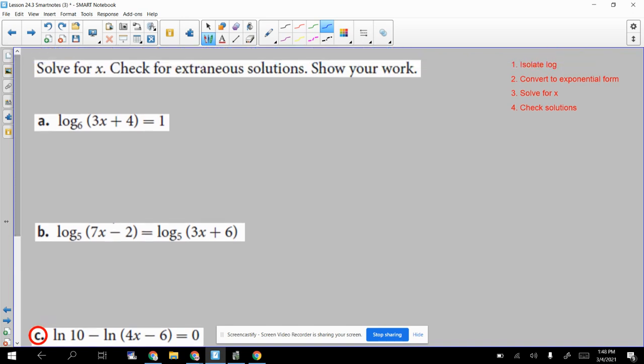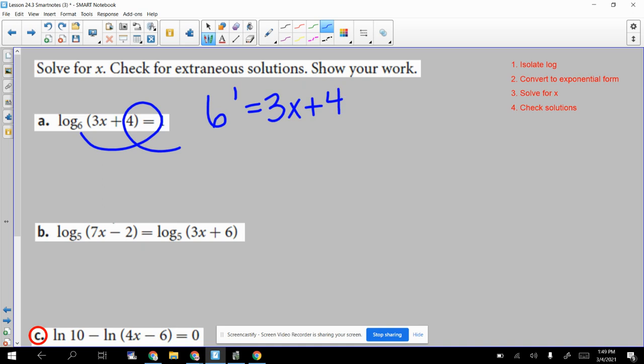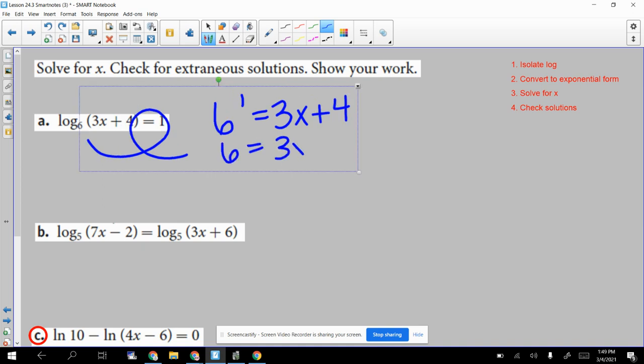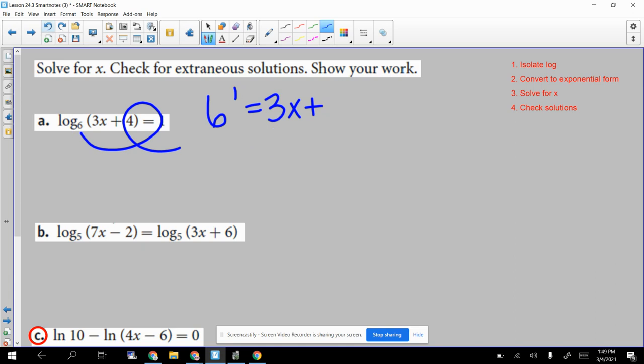Okay. So this one first is exactly like what we were doing on the first page. So we would convert this to an exponential. 6 to the first power equals 3x plus 4. 6 to the first power is just 6.